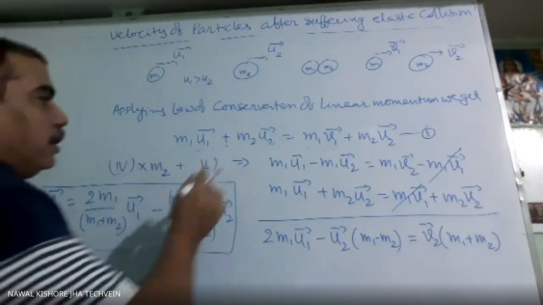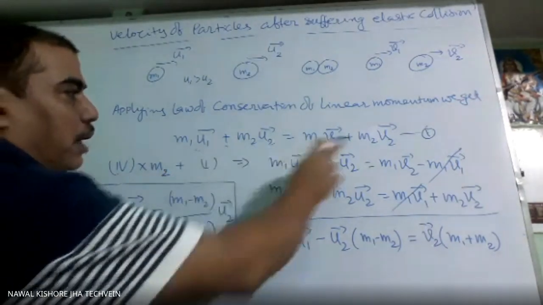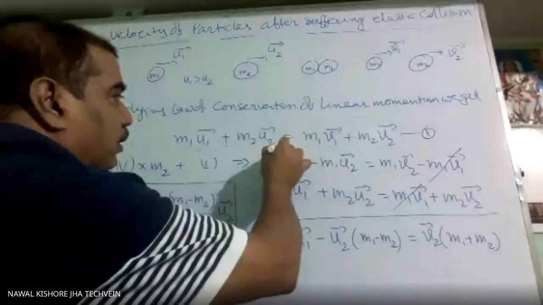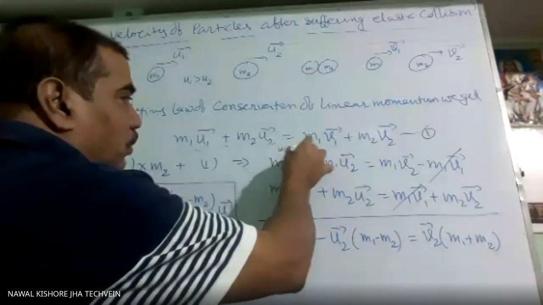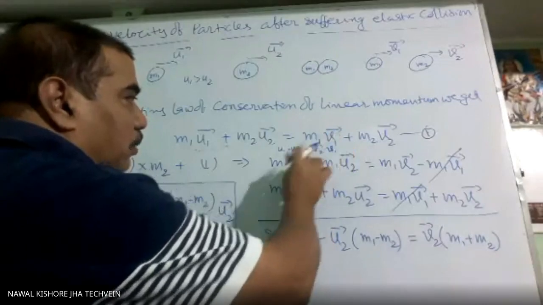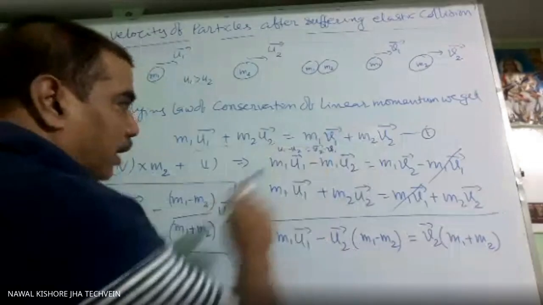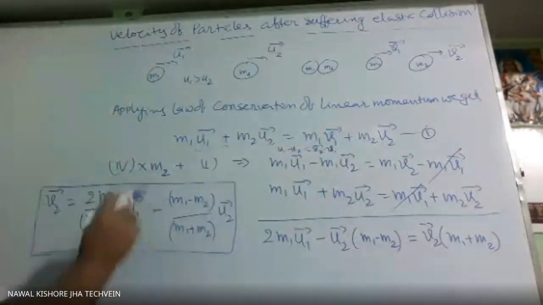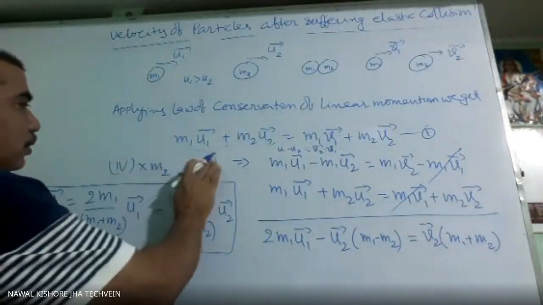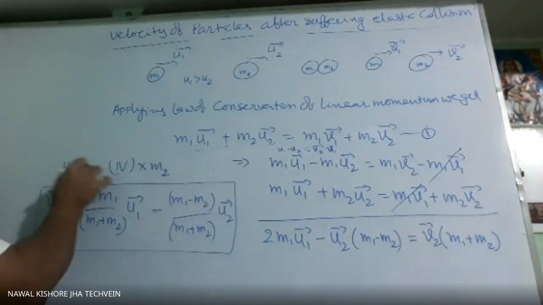M2 is here positive, and there it was U1 minus U2 is V2 minus V1. Okay. If we add, then this one will be cancelled. So we will subtract. So from equation 1 we will subtract this.